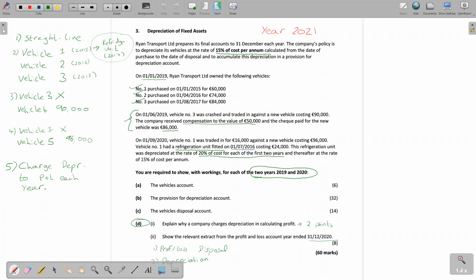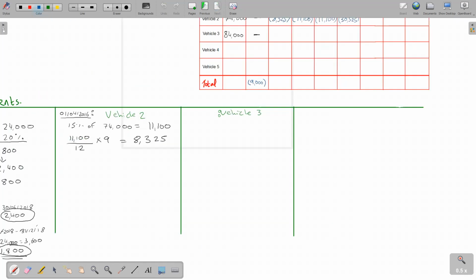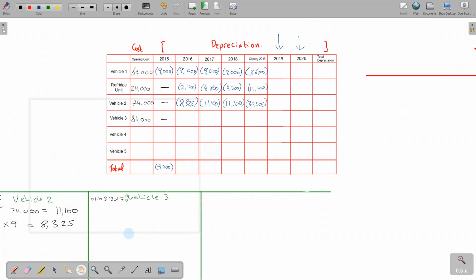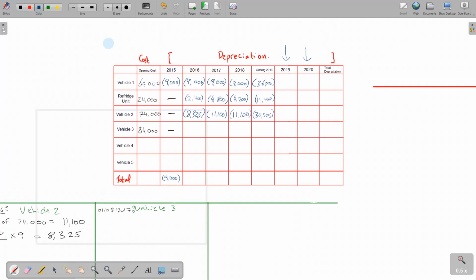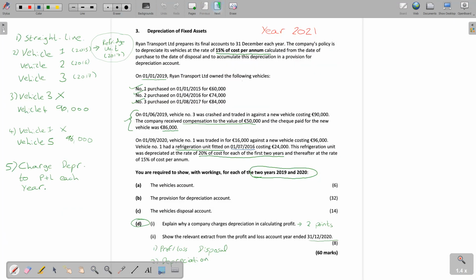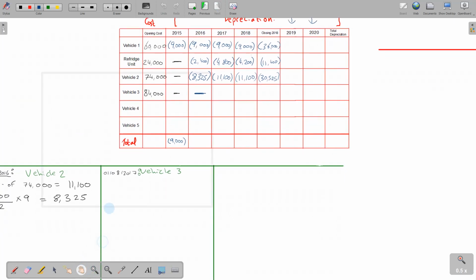The 1st of the 8th, 2017. So we have no depreciation charge in 2016. Only 2017 and 2018.